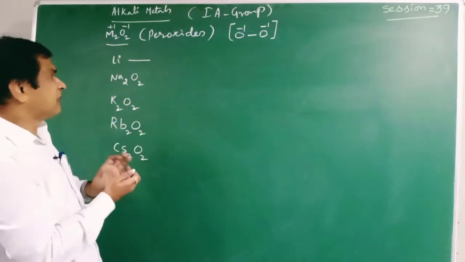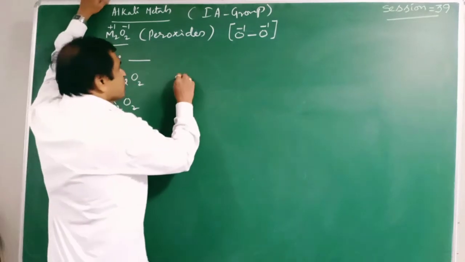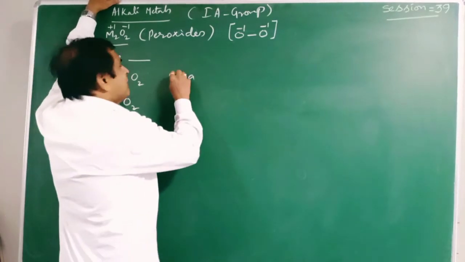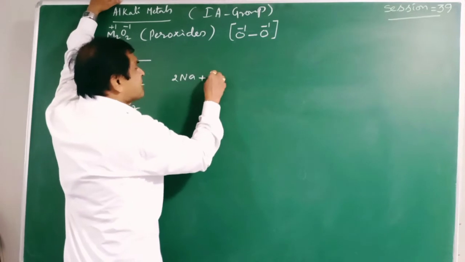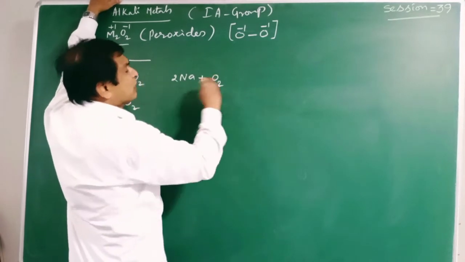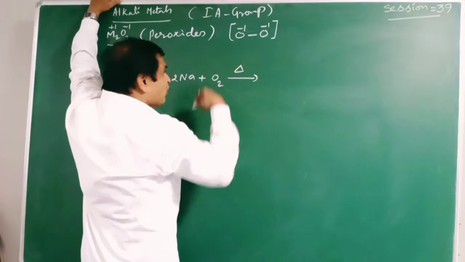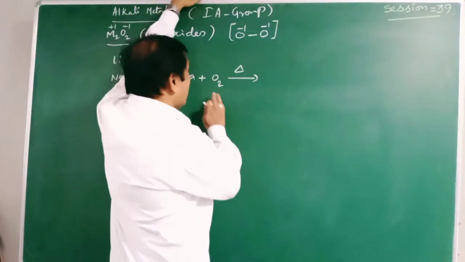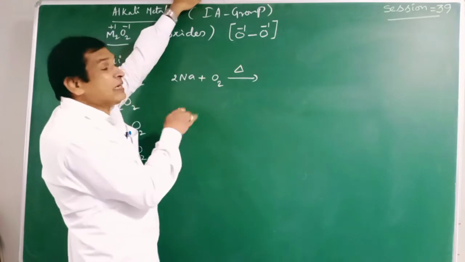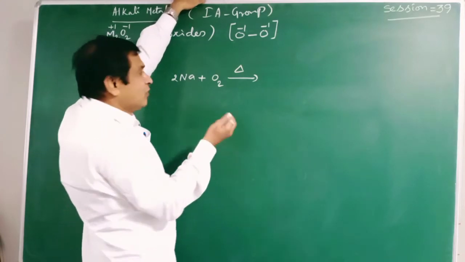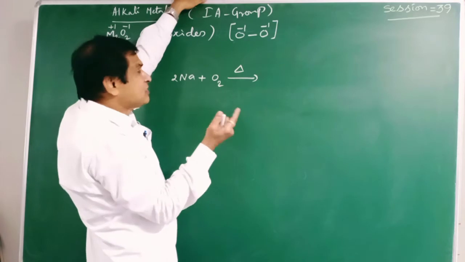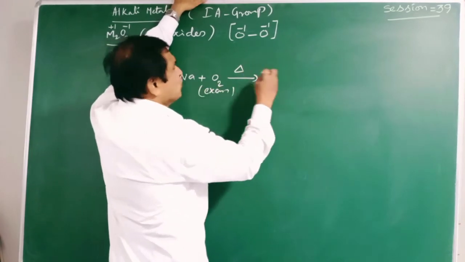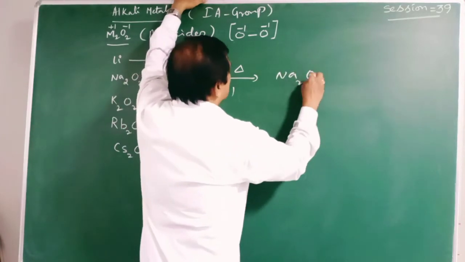So preparation of peroxide: when alkali metal is burnt in excess amount of air, excess amount of oxygen, at about 300 degrees Celsius, it gives the corresponding peroxides.